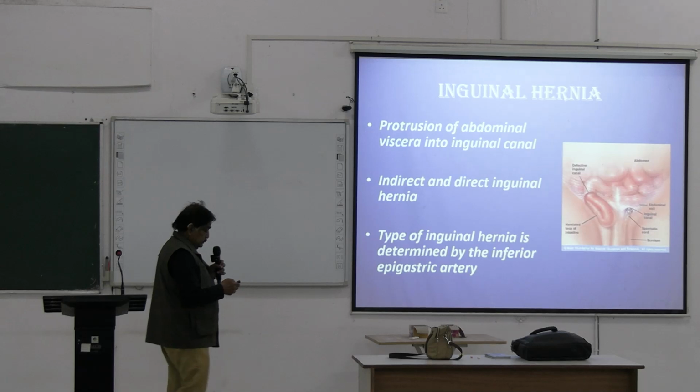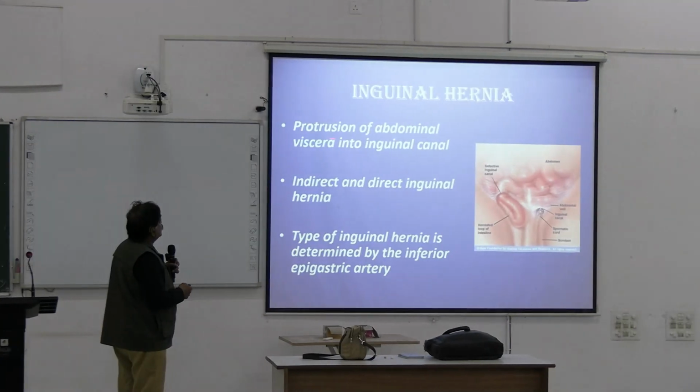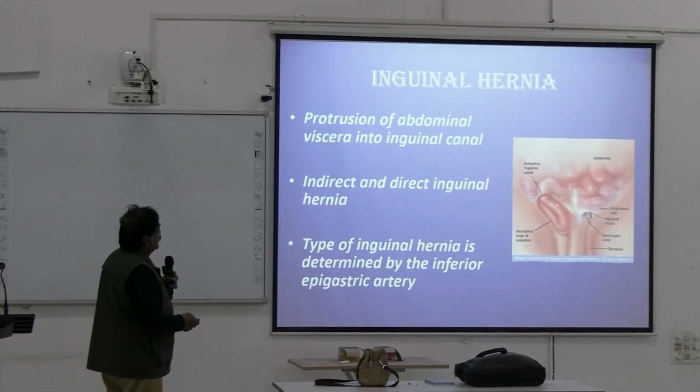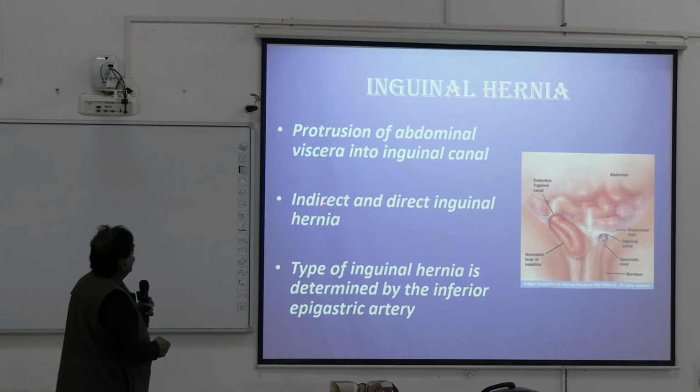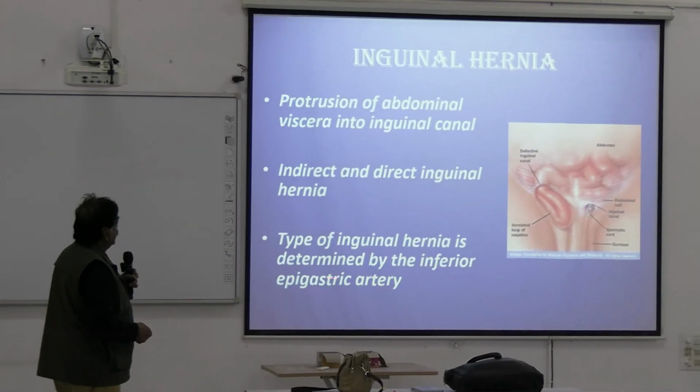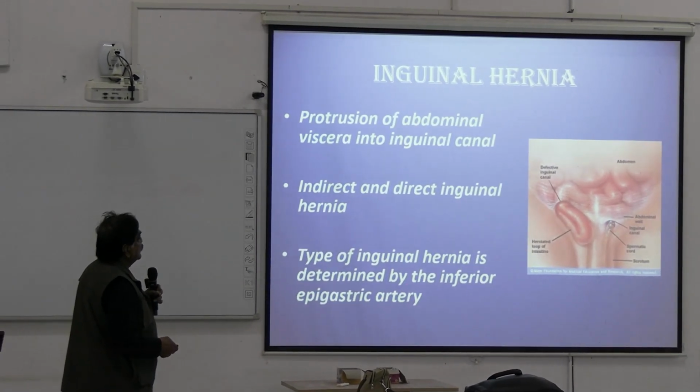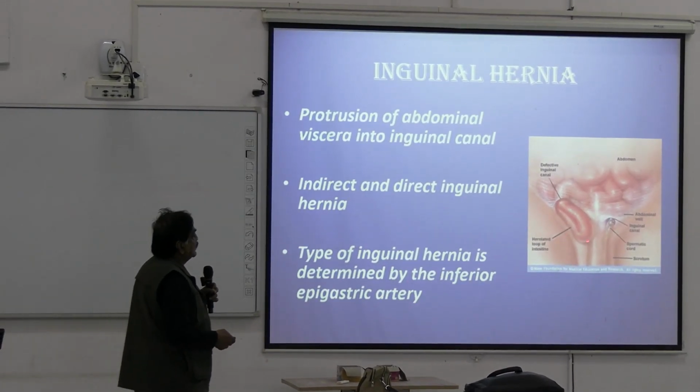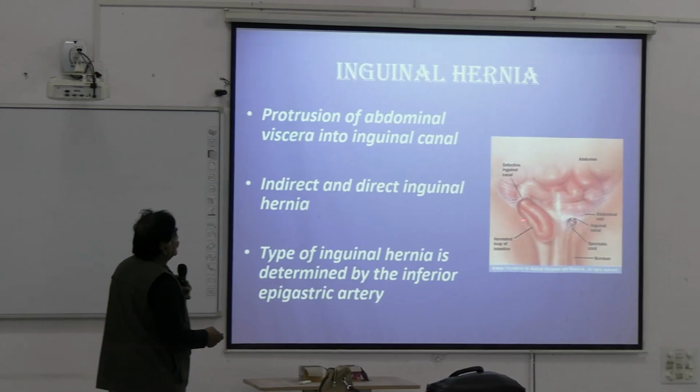Inguinal hernia: protrusion of abdominal viscera into the inguinal canal, indirect and direct inguinal hernia. Types of inguinal hernia are determined by the inferior epigastric artery. Now, the inferior epigastric artery is here.